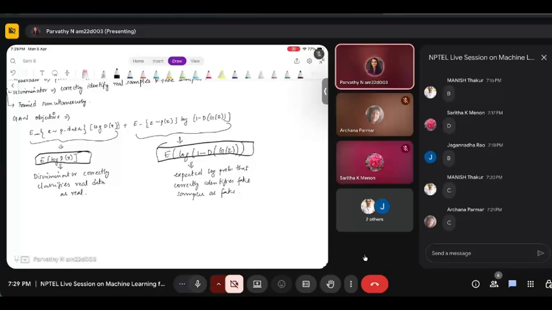So there is always this competition between the discriminator and the generator. That is the main objective, the min-max objective function. One is trying to maximize and the other is trying to minimize. So this is the min-max objective of GAN.